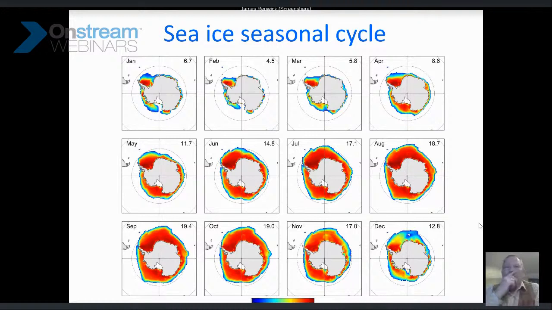And given the altitude of the satellite and its characteristics, we get these pixels, or grid boxes, of estimates of where the sea ice is on roughly a 25 by 25 kilometre scale for these low resolution satellites that have been running for a number of decades.